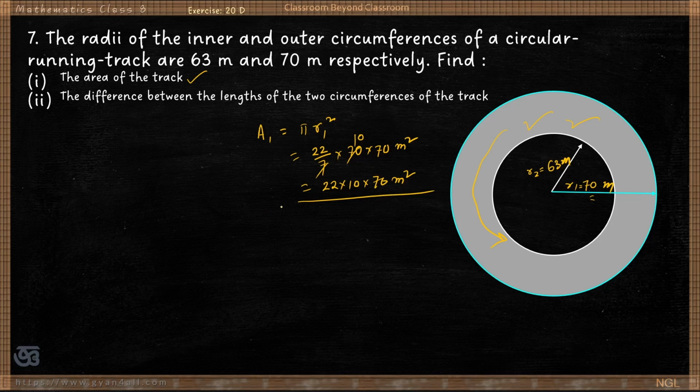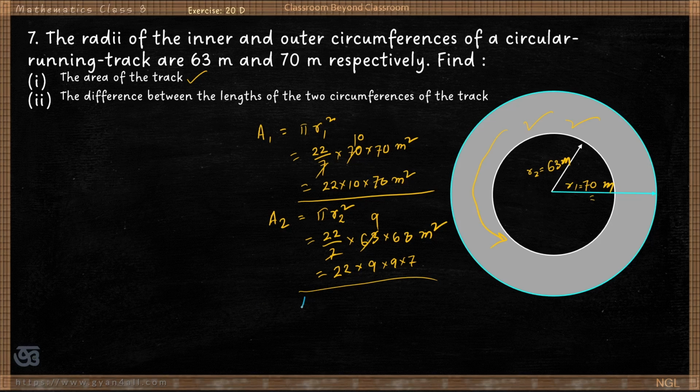Now area of the small circular region A2 is equal to pi into radius 2 whole square, that is equal to 22 divided by 7 multiplied by r is equal to 63 multiplied by 63 meter square. So 7 nines are 63. So this is equal to 22 into 9 into 9 into 7.